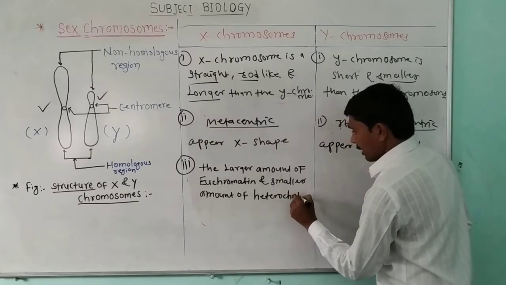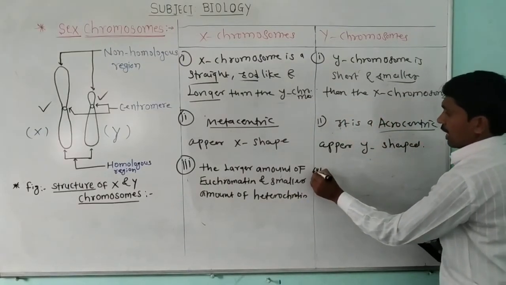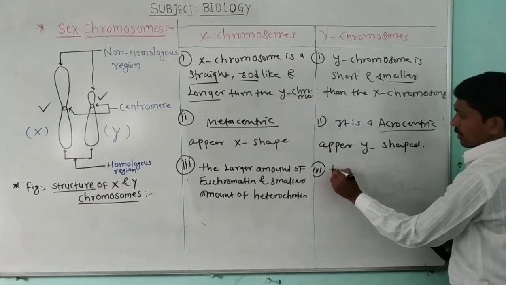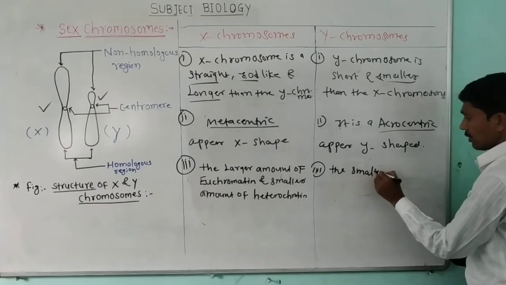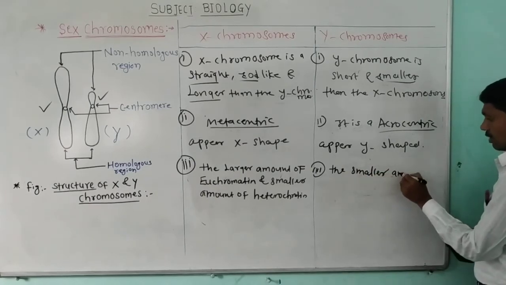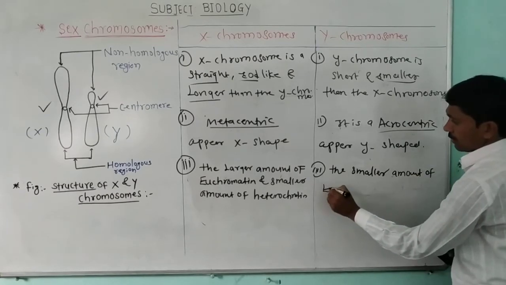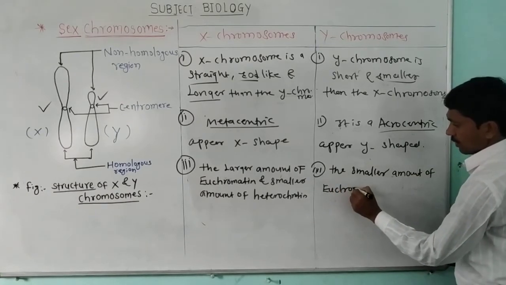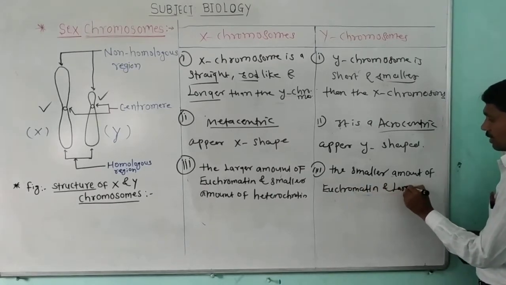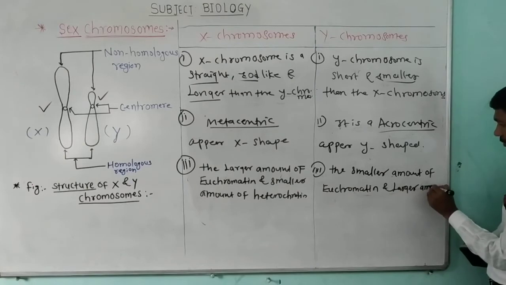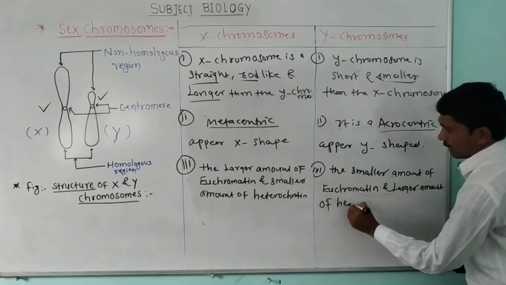Here in the Y chromosome, there is a smaller amount of euchromatin and a larger amount of heterochromatin.